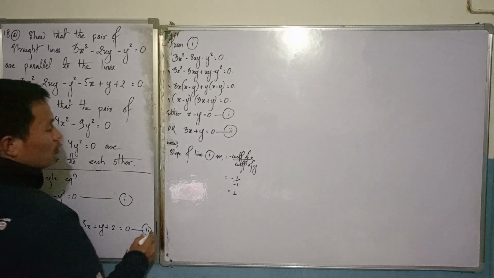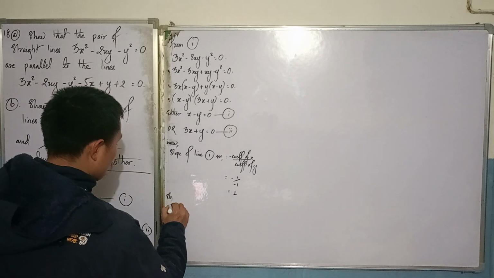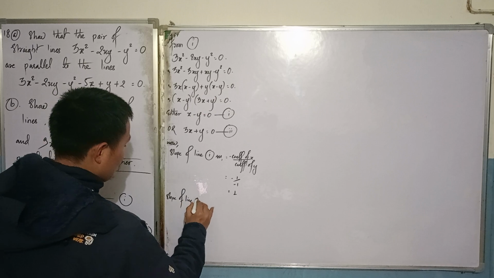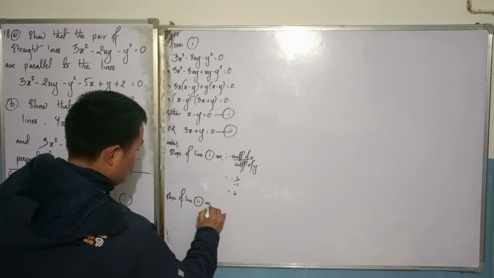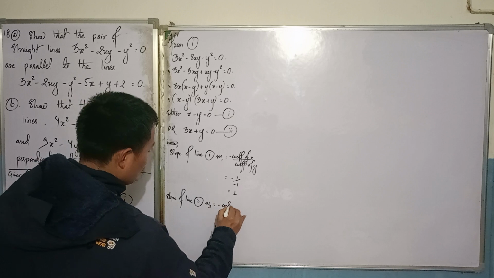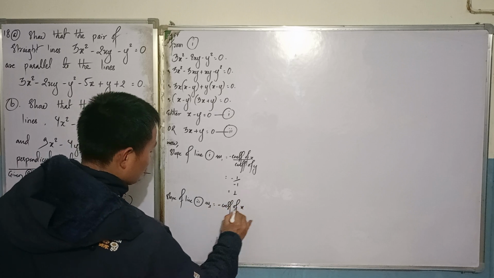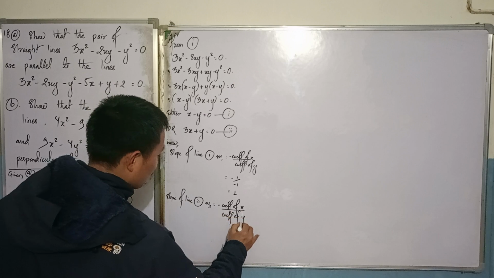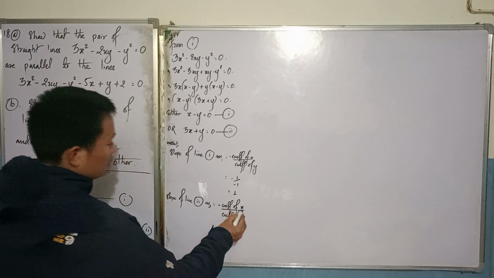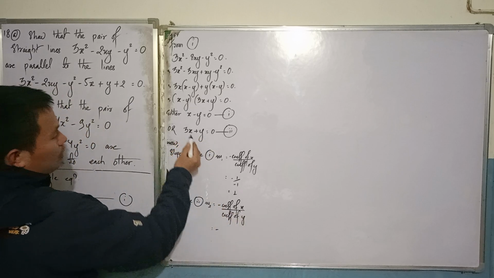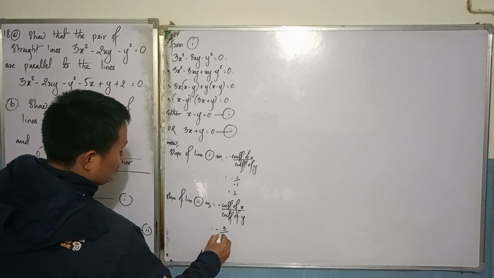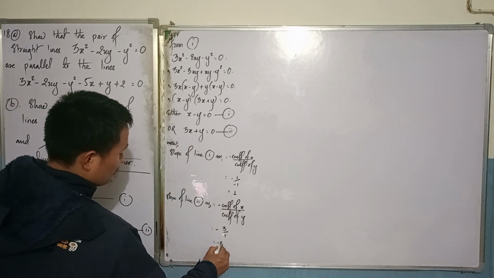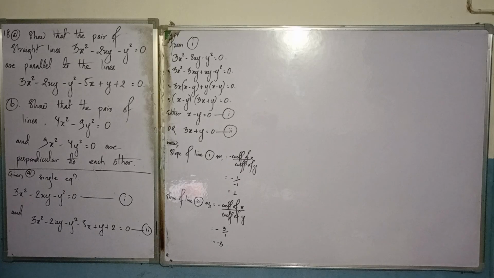So m1 will be 1. Now the slope of line II is minus coefficient of x divided by coefficient of y. So for m2, coefficient of x is 3, and coefficient of y is 1, so that will be minus 3. Here m2 is minus 3.